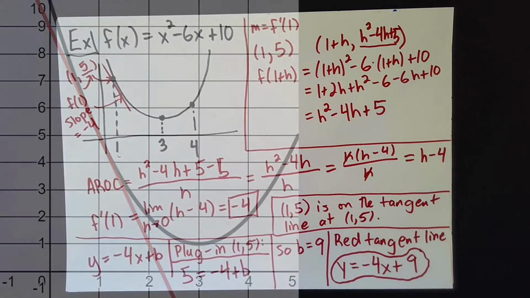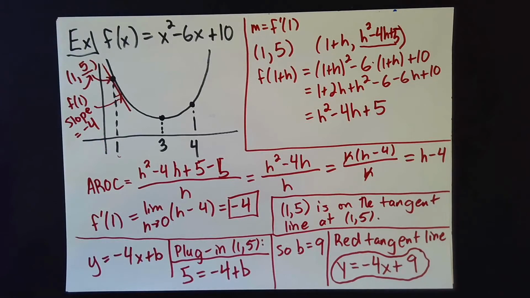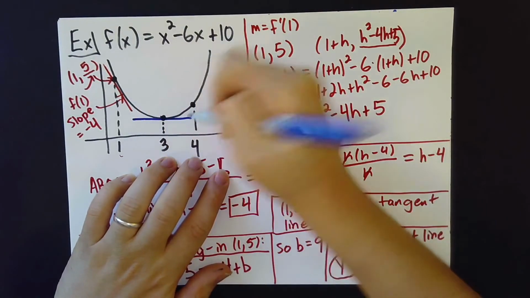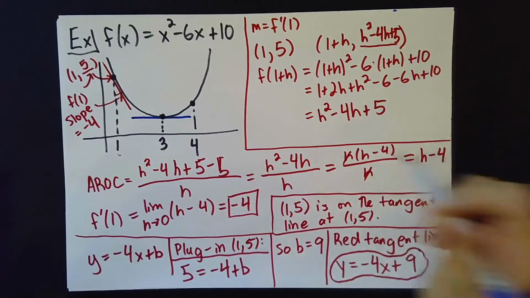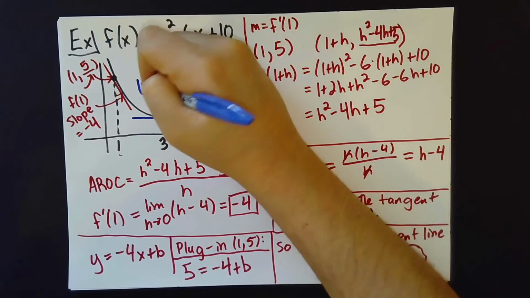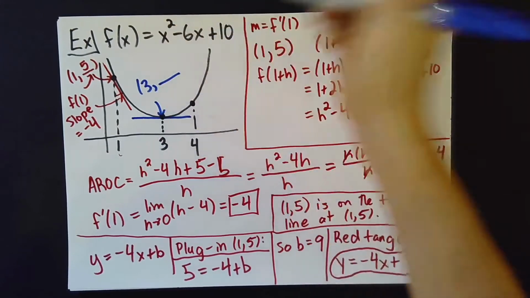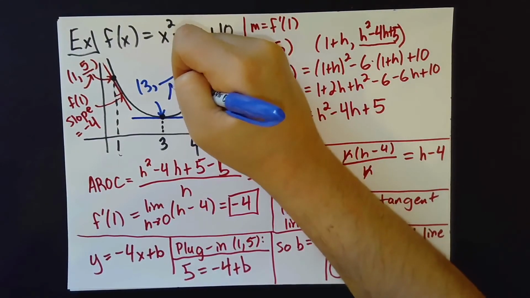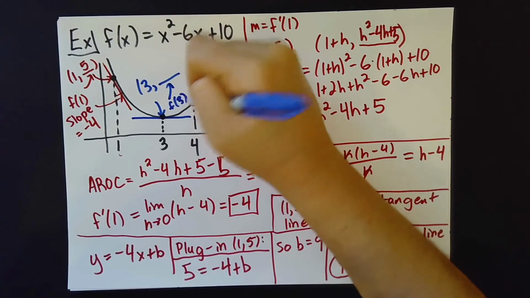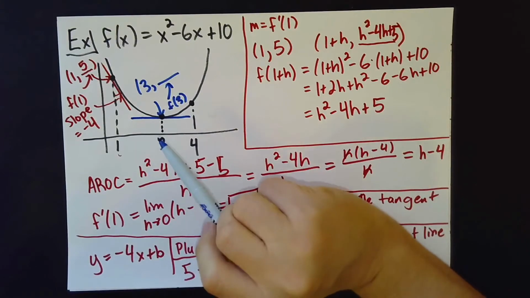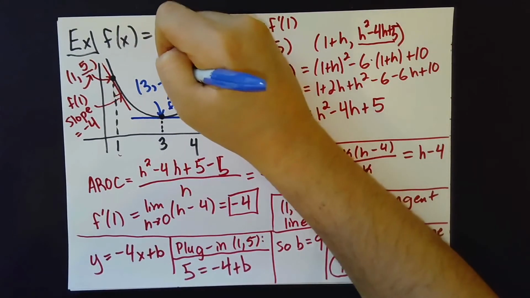Let's do the same thing now for the line that we previously called the blue line. So namely, let's find the equation of this tangent line. Okay, so this point here is 3, comma, and then f of 3. And f of 3 is 9 minus 18 plus 10, which is 1.